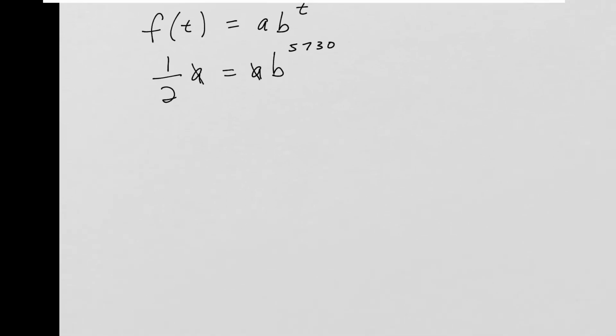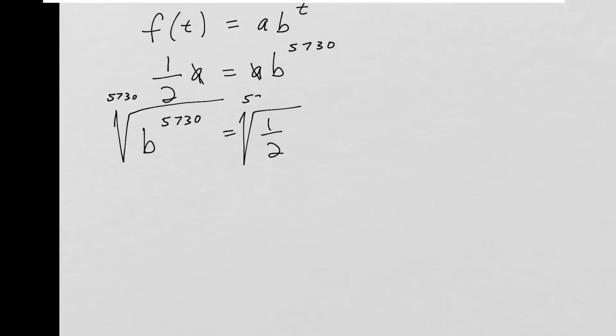And then if you work this out, let me just move this term to the left-hand side. We're used to seeing the variable on the left-hand side. It doesn't matter, but it's just easier that way. And then how do I find b? Well, I need to take the 5,730th root of both sides.